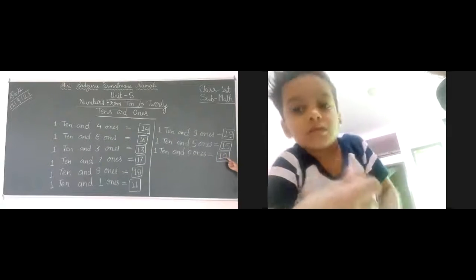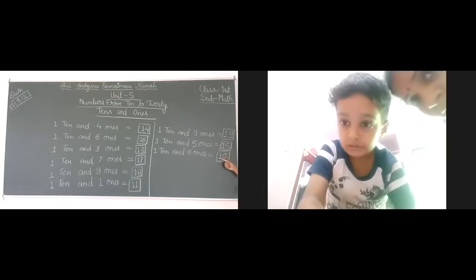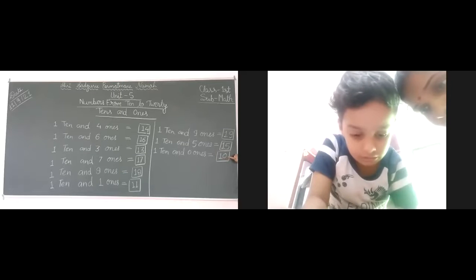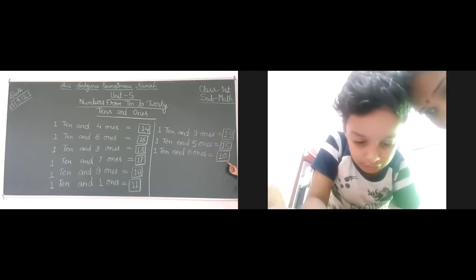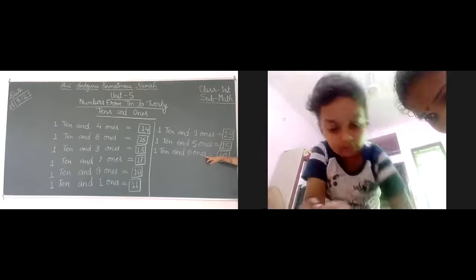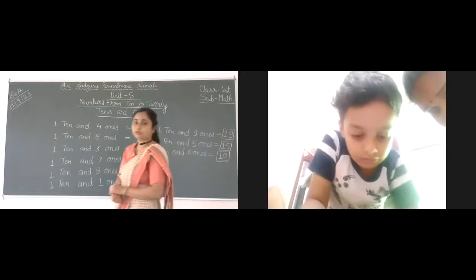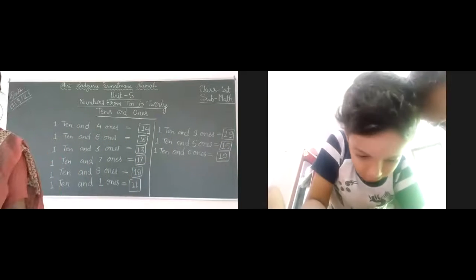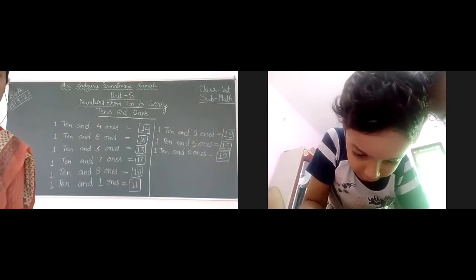So here we write down 0, and in the place of tens we write down 1. So the answer is 10. 1 ten and 0 ones is equal to 10. Okay.